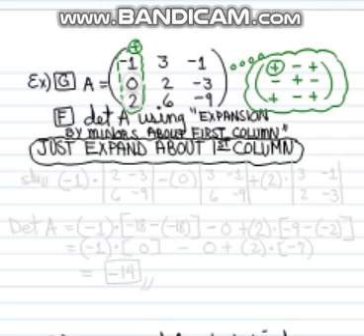Okay, so let's go ahead and do our solution. Expanding around the first column, we start with the number negative 1. It has a positive assigned to that position, so the invisible positive sign, and then negative 1. This is a determinant that we're calculating, times the little minor, or mini determinant, acquired by crossing out the first row and the first column, because that's the location of our number negative 1.